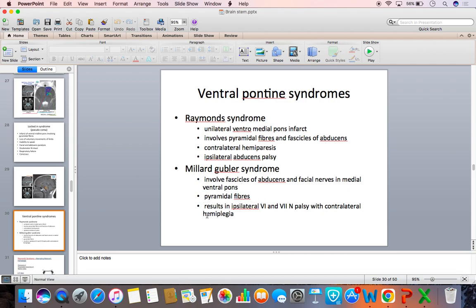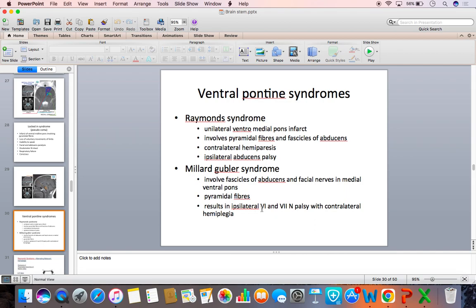So what could be the presentation? It results in ipsilateral sixth and seventh nerve palsy with contralateral hemiplegia. It's very simple to understand, right? In Raymond syndrome, there is involvement of the pyramidal fibers and the fibers of the sixth nerve only. Then in Millard-Gubler syndrome, the seventh nerve is also affected in addition to the sixth nerve.